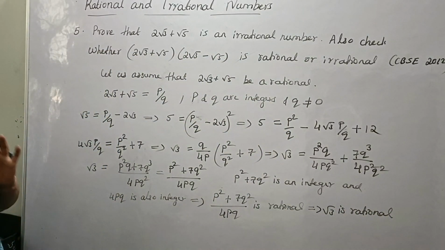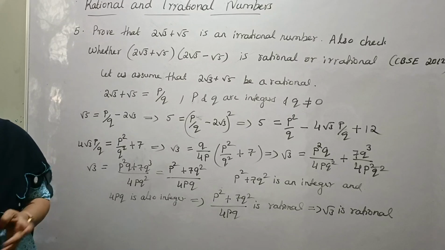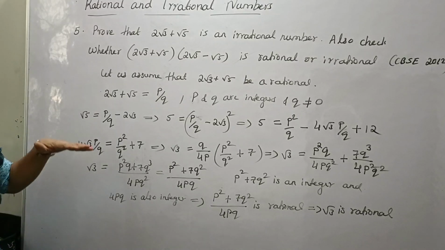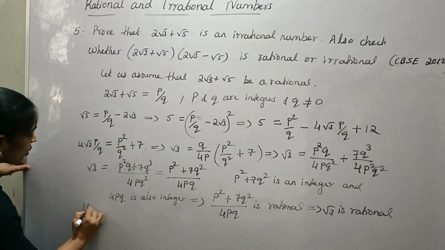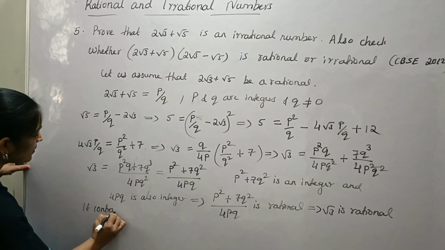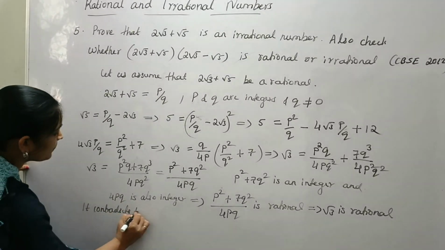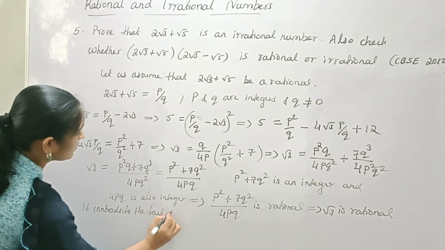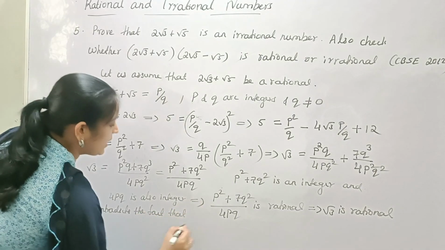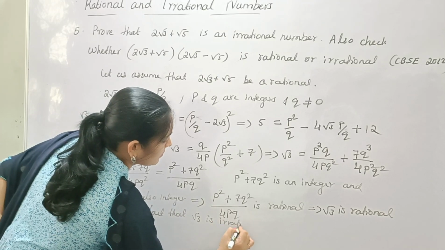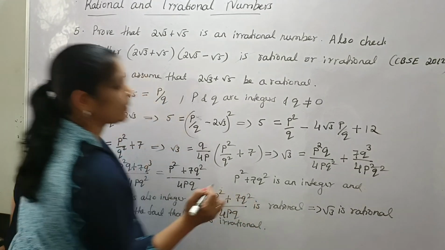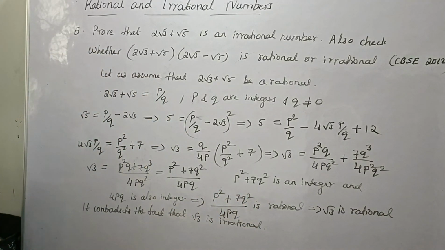But we know that root 3 is an irrational number. Okay. So it contradicts the fact that root 3 is irrational.